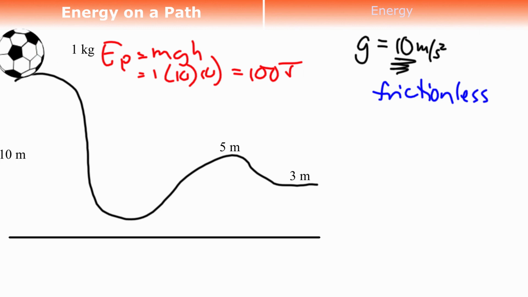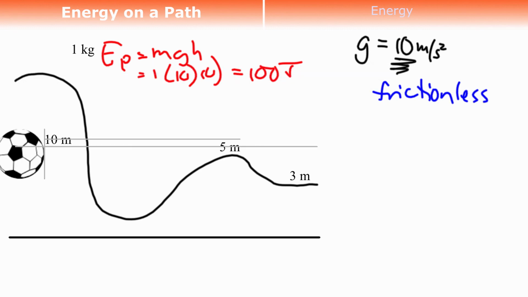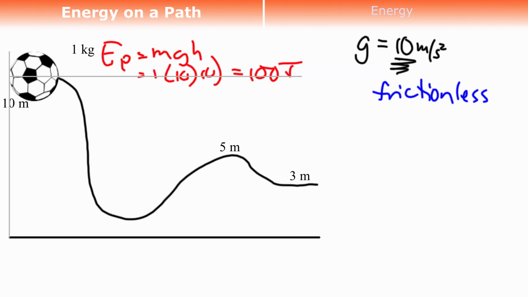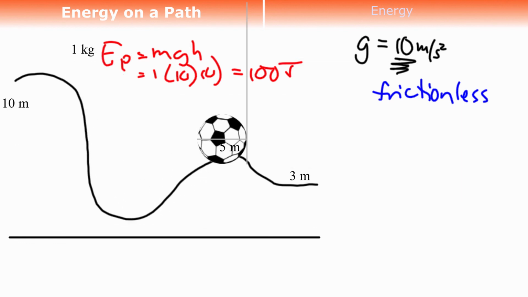So if I drop that ball to halfway, it would have half that potential energy, or 50, regardless of whether I put it there or if I let it come down on this path and come right to there. If its height is 5, its potential energy is half of that, because that's half of 10.